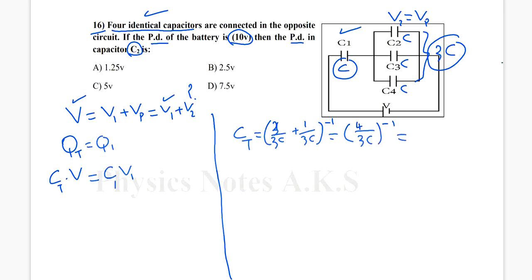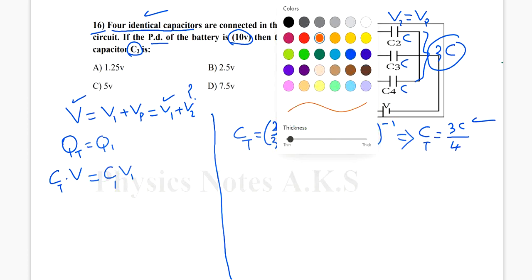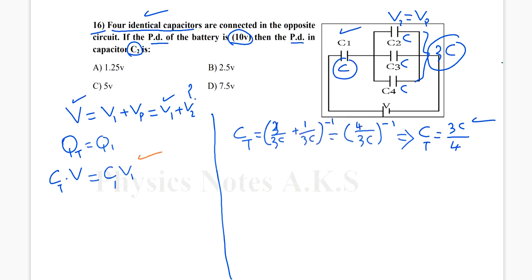So when I flip, this will give me that C total equals 3C over 4. Let's substitute this in the equation I wrote before. Instead of C total, I will put 3C over 4.